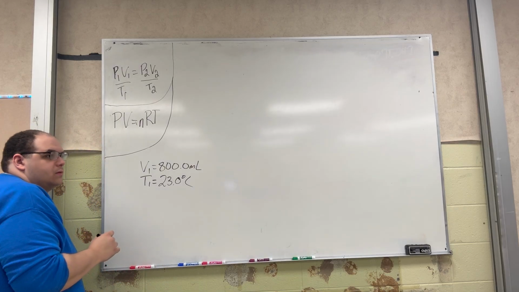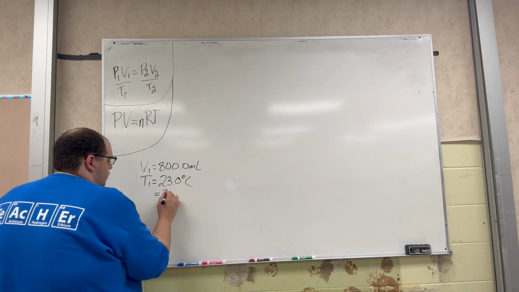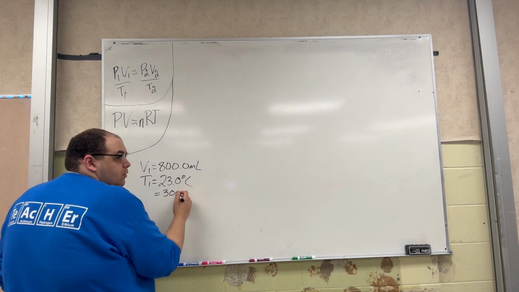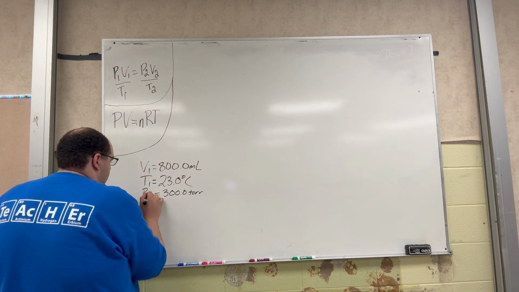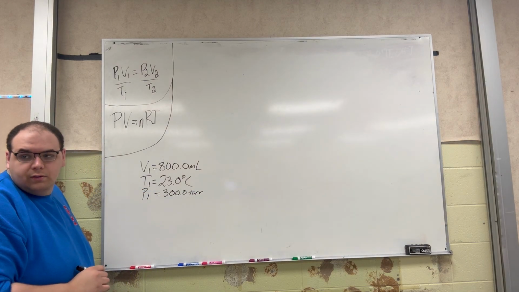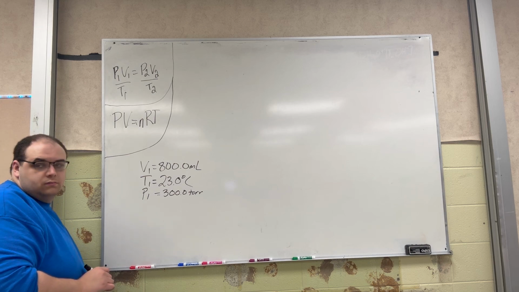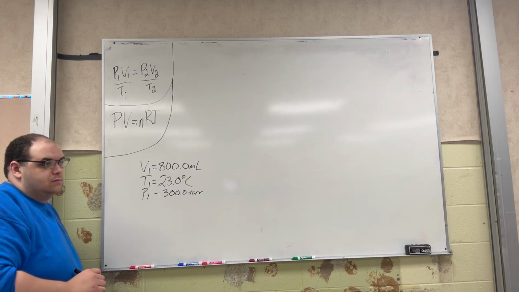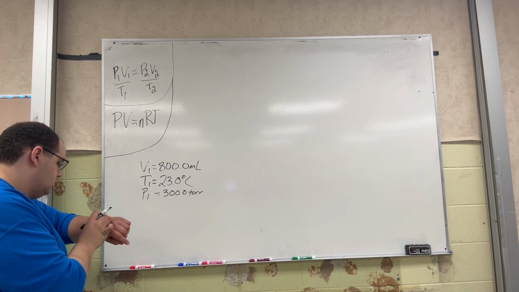What's my next one? 300 torr. Which is pressure. Pressure 1 or 2? 1. Good. What's my next given? 227 degrees Celsius. Which is temperature, T2.